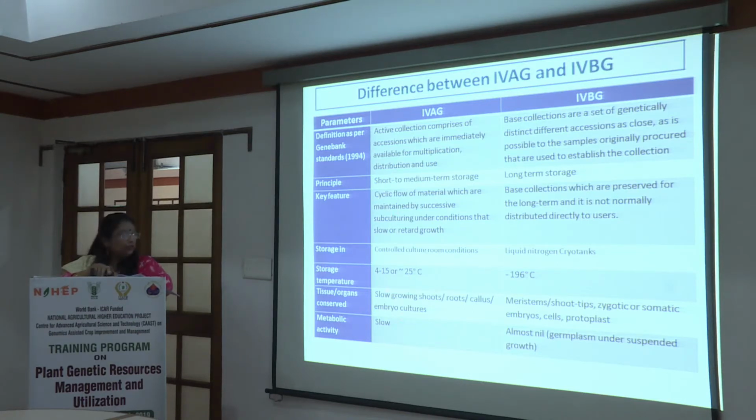So this we call short or medium term conservation, normally carried out at culture room temperature of 25 degrees Celsius, sometimes a lower temperature of 4 to 15 degrees. Here mostly it is between minus 180 to minus 196 degrees Celsius that the germplasm is put under suspended animation.